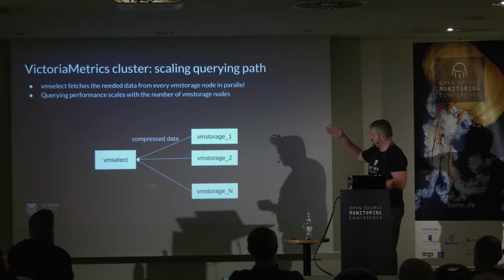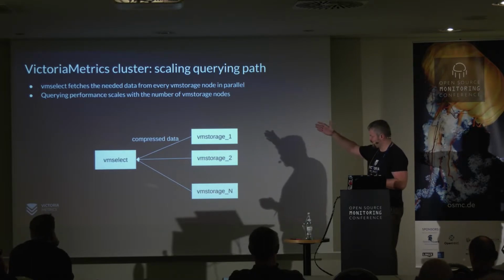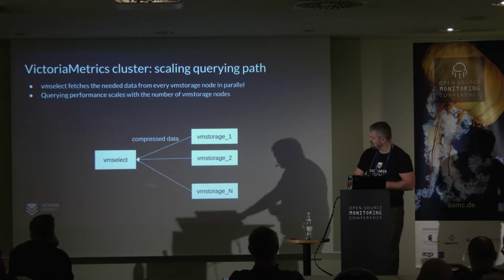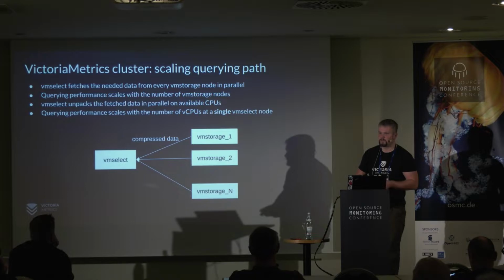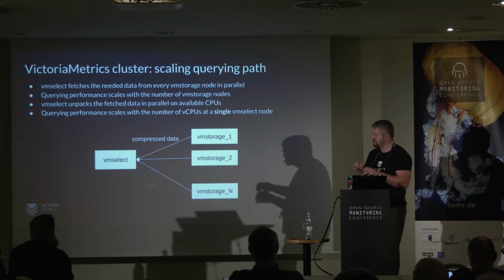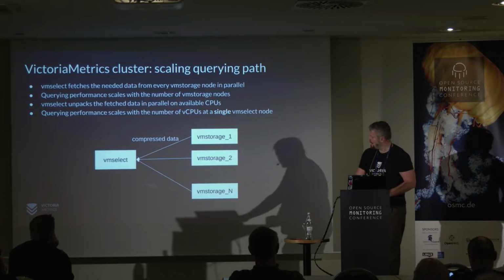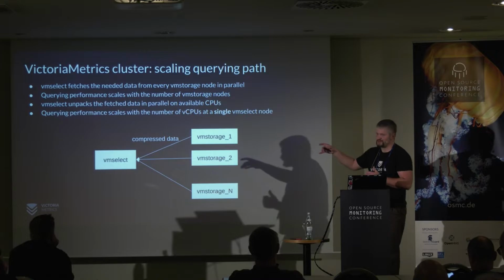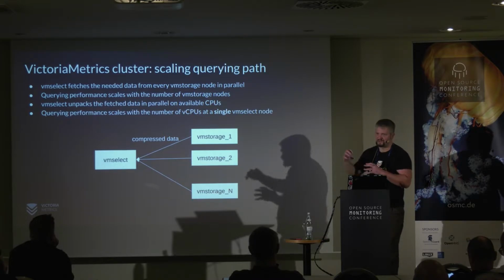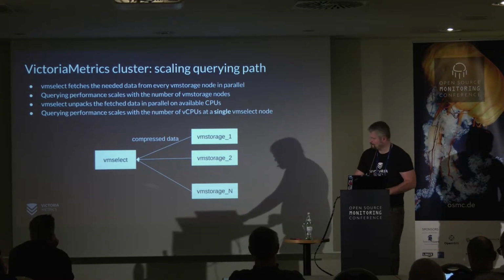This means that the query performance also scales with the number of available storage nodes, and query performance also scales with the number of CPU cores available at a single select node where the incoming query is processed. Because select node uses the same core code as the single node version of VictoriaMetrics, as I described before.